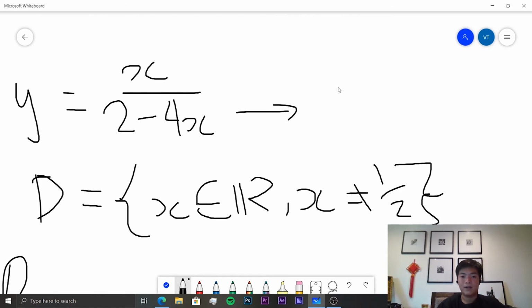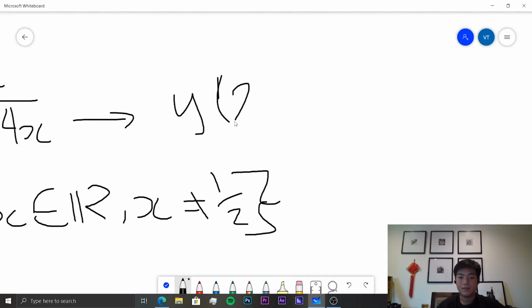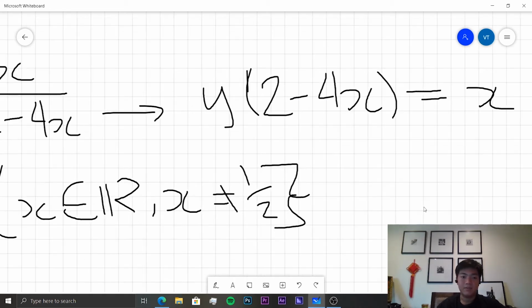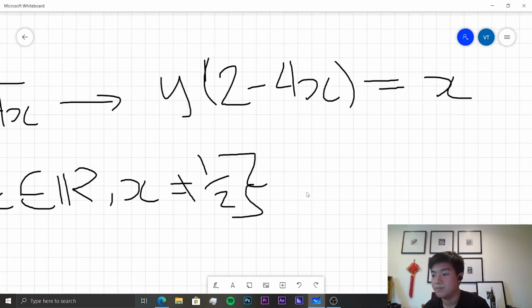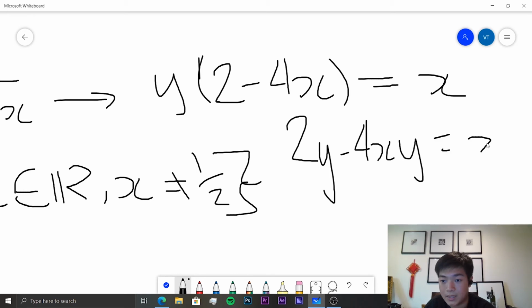So we have y times 2 minus 4x is equal to x, I believe. Yep. So 2y minus 4xy is equal to x.